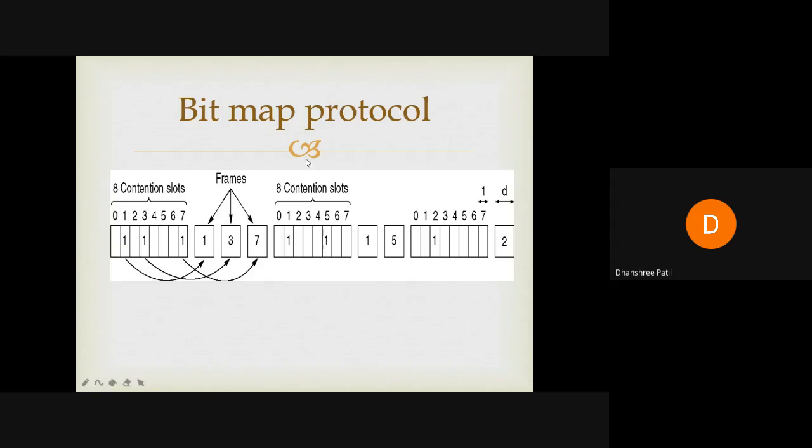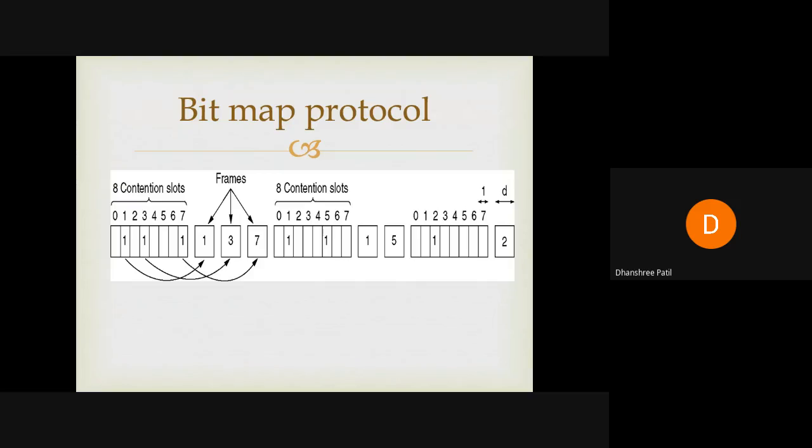So how does the bitmap protocol work? The stations that want to send a frame first transmit one bit in their own slot. Once all the stations complete their wish of transmission, the frames are transmitted in numerical order, and the same thing is followed for all the frames.